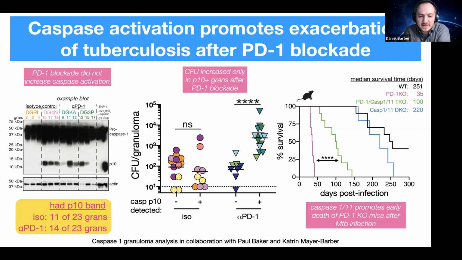And so we think that the Luminex analysis led to an unexpected new mechanism, and that somehow the exacerbation of TB upon PD-1 blockade is potentiated if there's ongoing caspase activity or inflammasome activation inside the granulomas. And we don't know if this is a cell death thing or if this is IL-1 or IL-18, but there's something to do with caspase and PD-1 blockade.